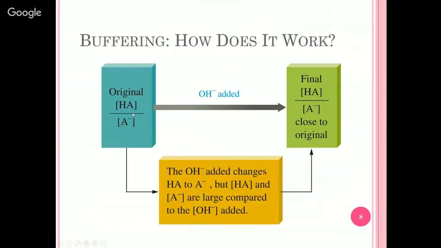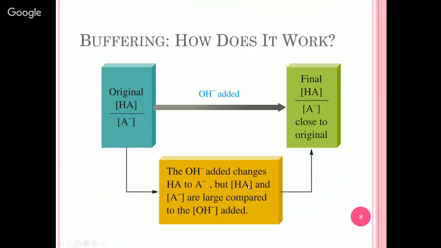Looking at these ratios, we're just studying hydroxide here, but we can do the same thing for adding hydronium ions or strong acid. We have an original ratio, HA to A minus. We want those to be equal to have the best buffer. When we've added our OH minus, we react the HA to change it to A minus, but the original ratio doesn't change significantly, and that's the whole point of having a buffer solution.